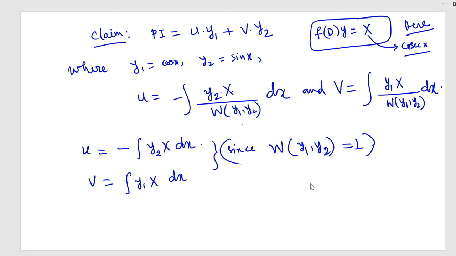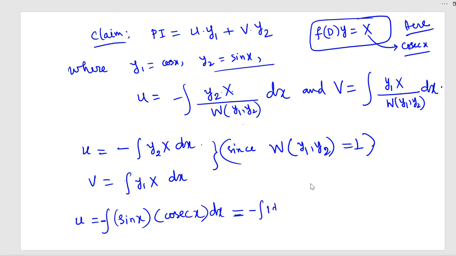So let us calculate this u. This is negative, y2 means sin x, and X is cosec x, into dx. So this is minus the integral of 1 dx, which is nothing but minus x.